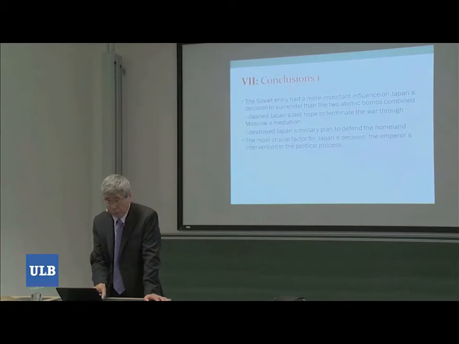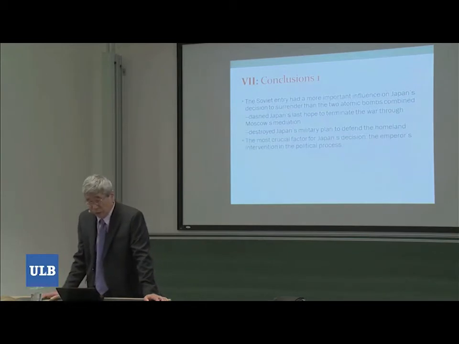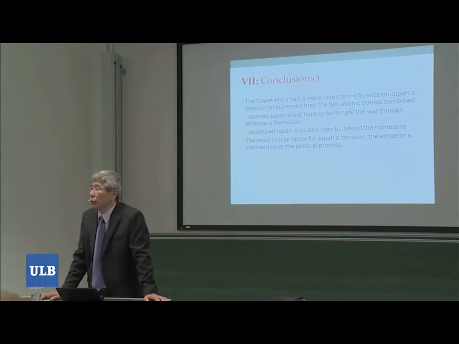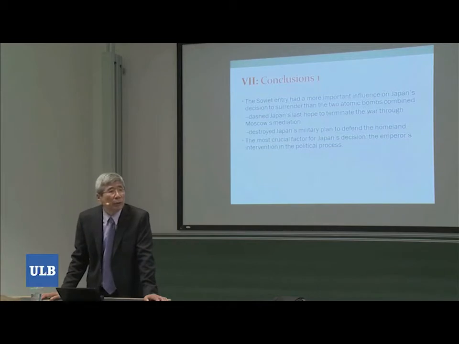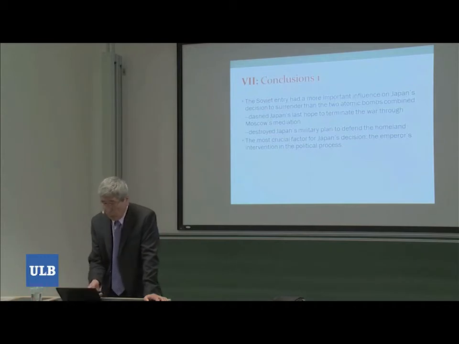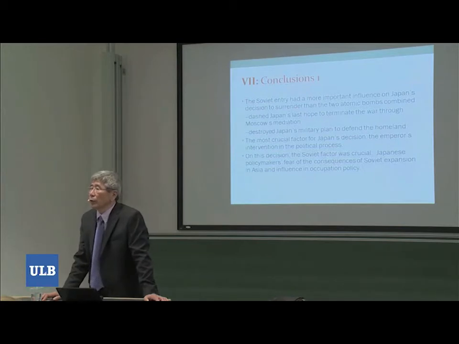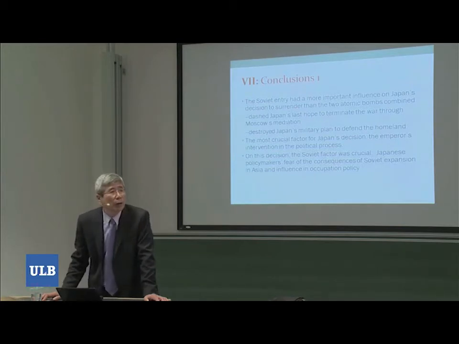The most crucial factor for Japan's decision was the emperor's intervention, because without the emperor's sacred decision, Japan would not have been able to end the war. That's very important. But for that, I would argue the Soviet factor is very crucial too. Japanese policymakers feared the expansion of Soviet influence.